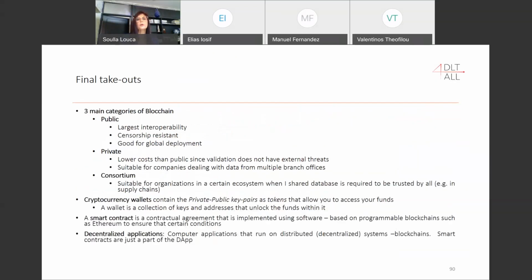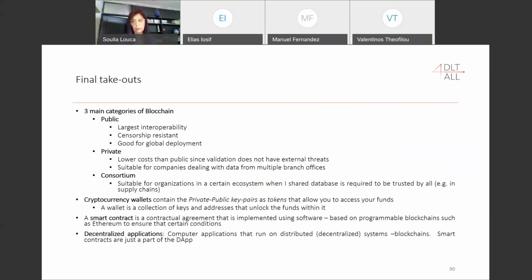Three main categories of blockchain: public, private, and consortium. Public ones are the largest in terms of interoperability. They are censorship resistant, and they are good for applications that require global deployment.